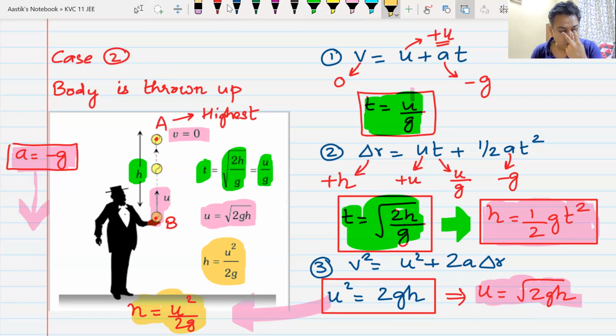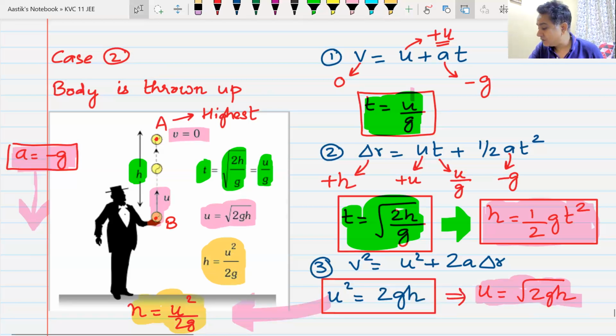Now, if you look very closely at all the formulae, number one, if you look very closely at all the formulae, you will find a striking resemblance between the two cases.